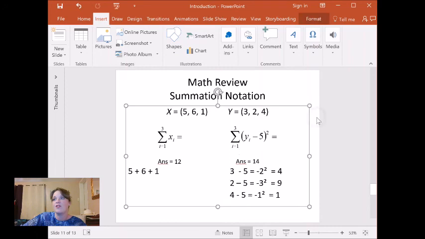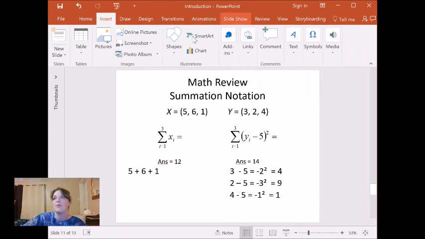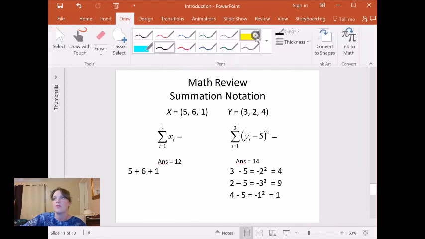Start at the first person, i equals 1, and go to the third person, which is everyone. Now again, in our class, we're always just going to be adding up all the numbers.